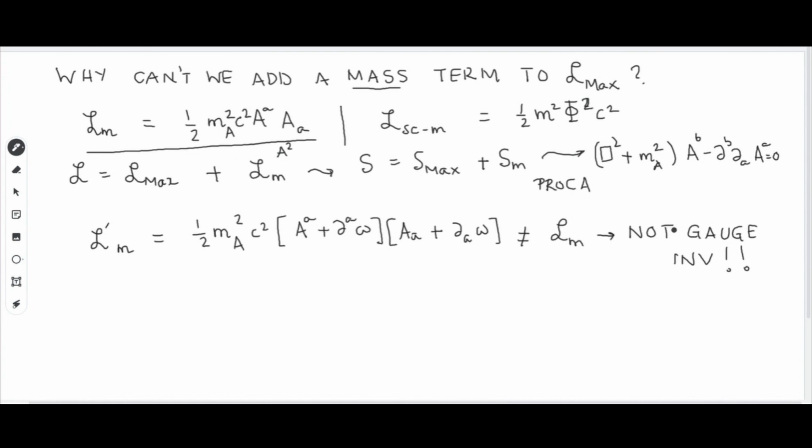The Maxwell field, the Maxwell vector potential, has got to be a 4-dimensional space-time vector, a 4-vector, which is massless. So A is a massless 4-vector. And we don't know what that means.